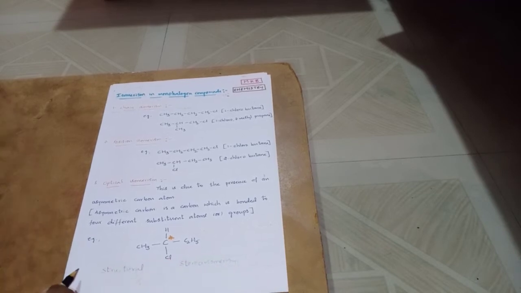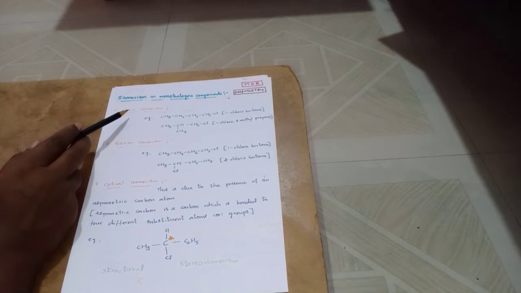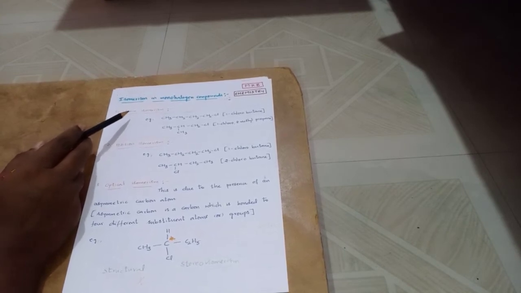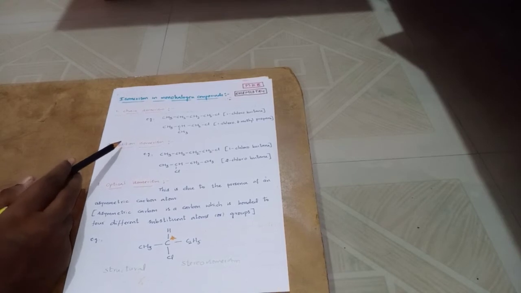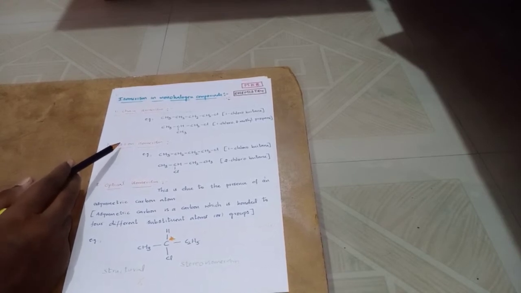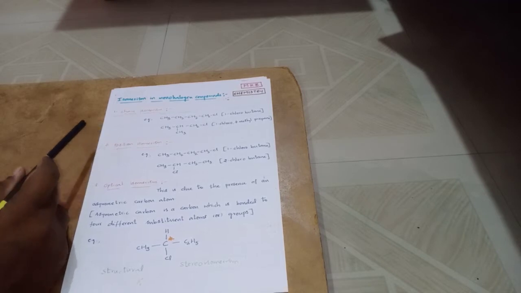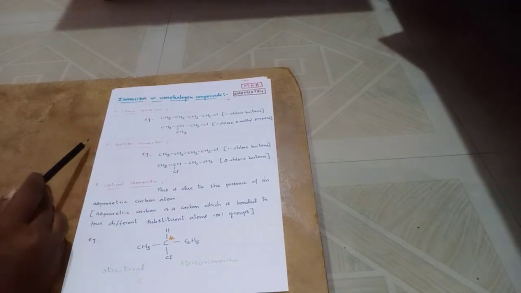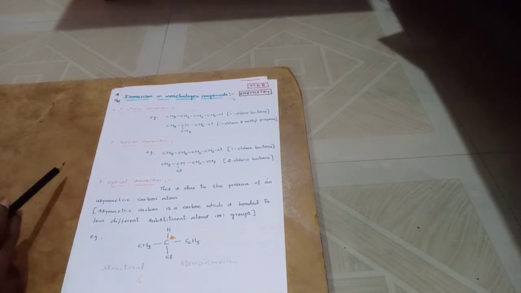In structural isomerism, we come across 5 types: chain isomerism, position isomerism, functional isomerism, metamerism, and tautomerism. Among those, monohalogen compounds exhibit chain and position isomerism.